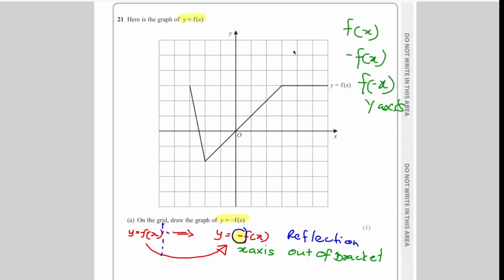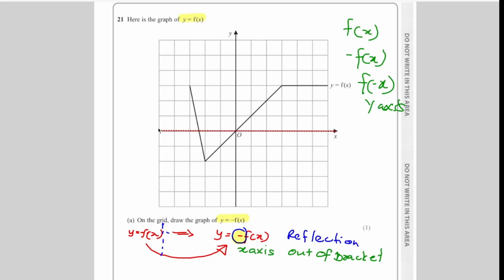Then let's draw your mirror line, which is this one. Your mirror line has to be x-axis, which is this one. This is your mirror line.